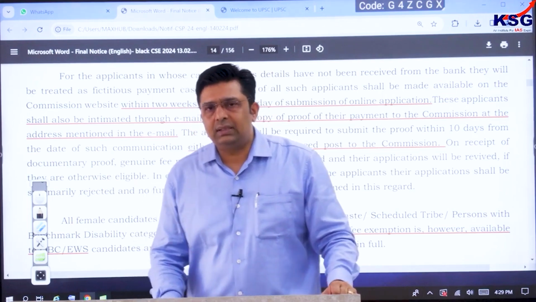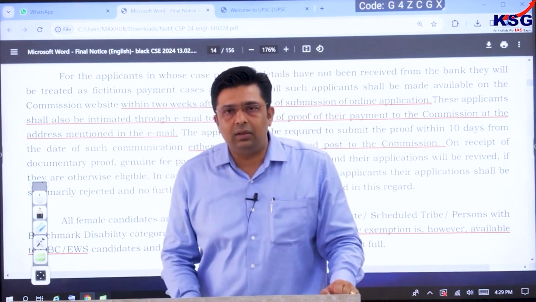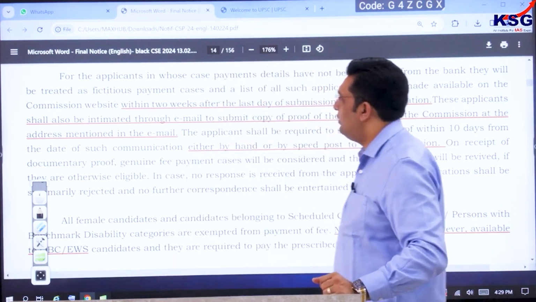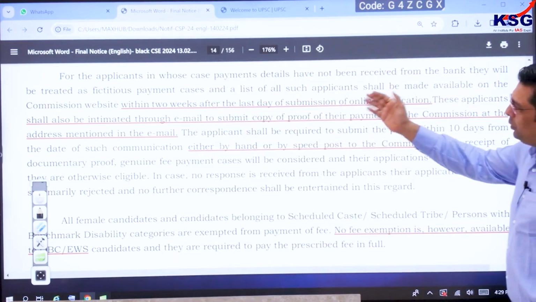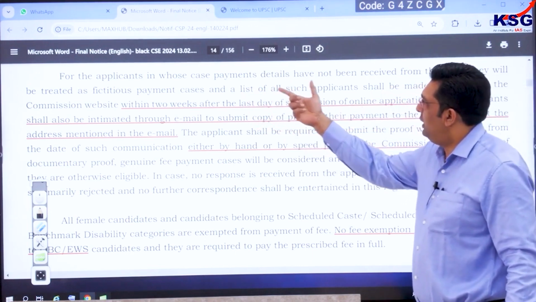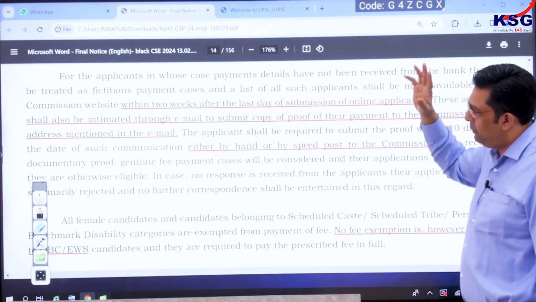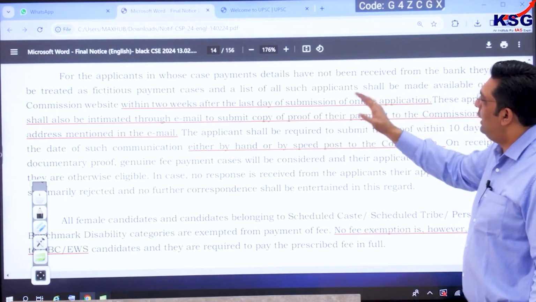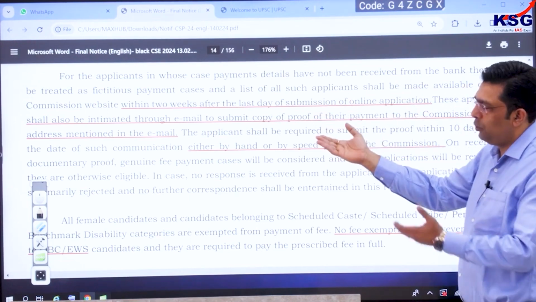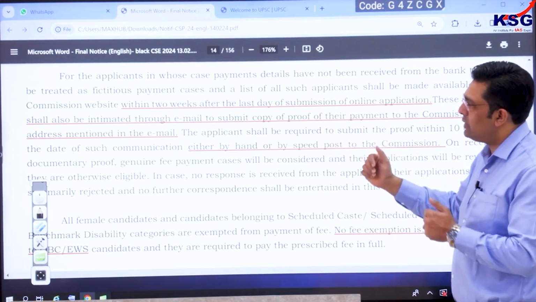If at all this kind of issue is there, UPSC will come up with a list of those applicants in whose case payment details have not been received by the institution, that is UPSC.